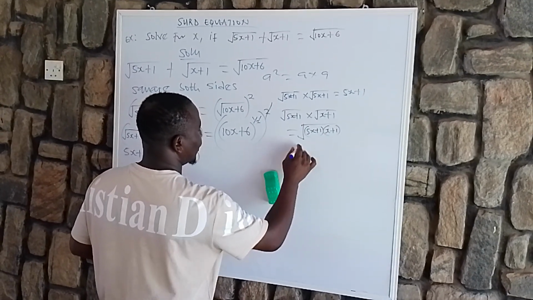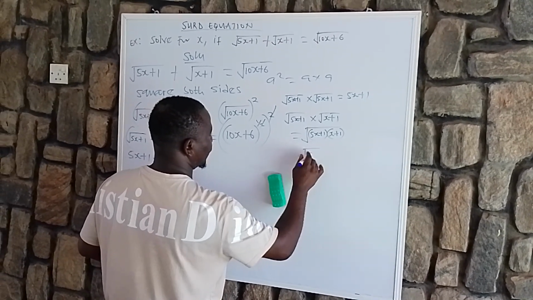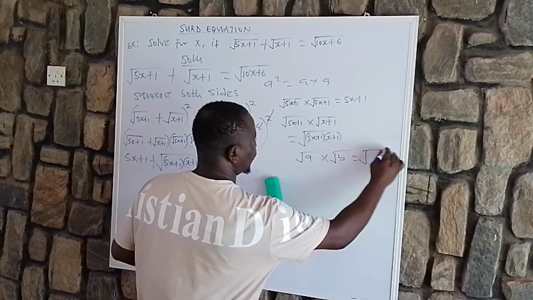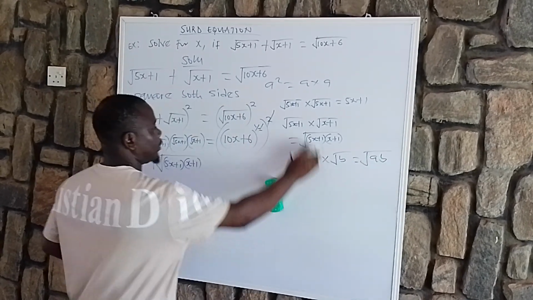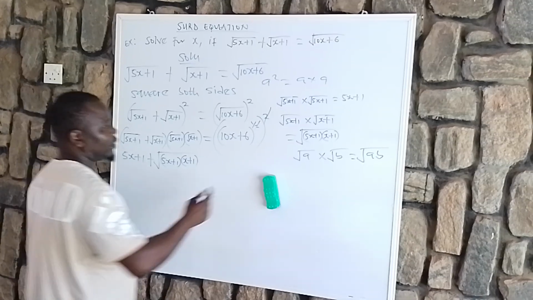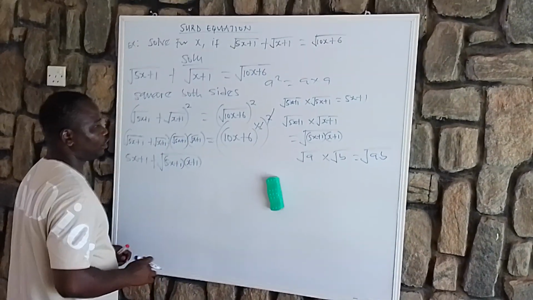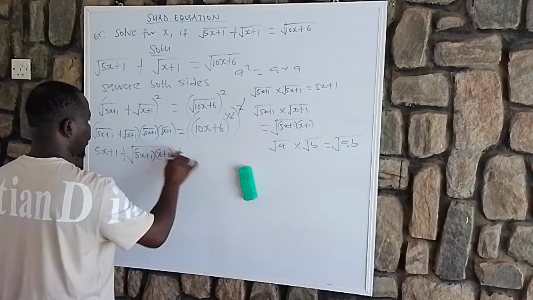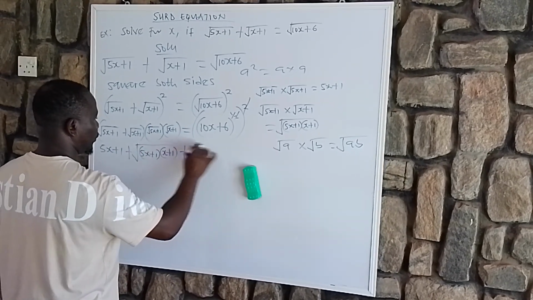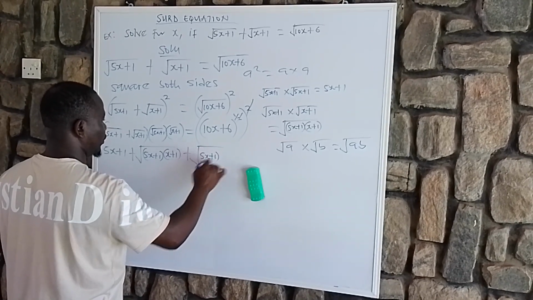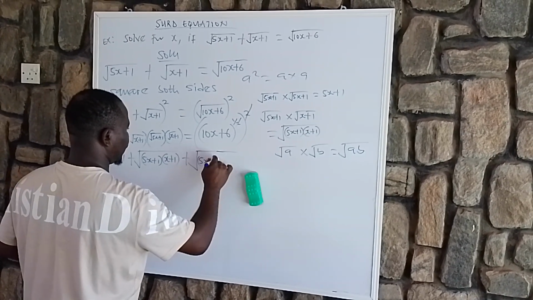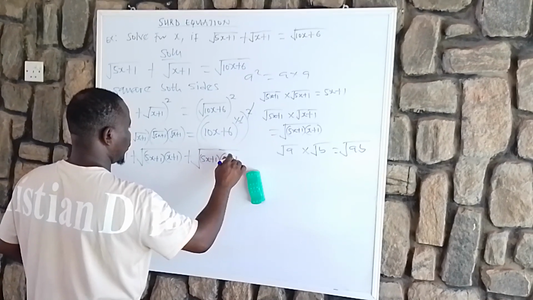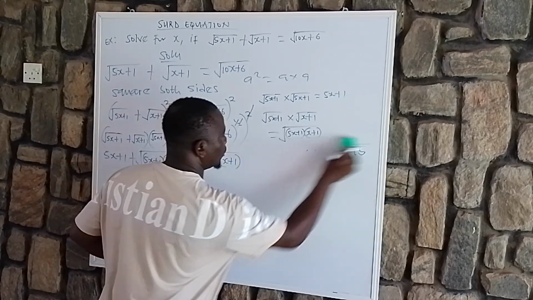That is to say, if we have root a times root b, this is the same thing as root ab. Do you agree with me? That is what we are doing here. Please take note. So the same thing applies here, plus root of 5x plus 1 times x plus 1. Do you agree with me?